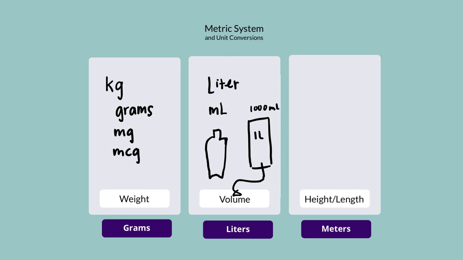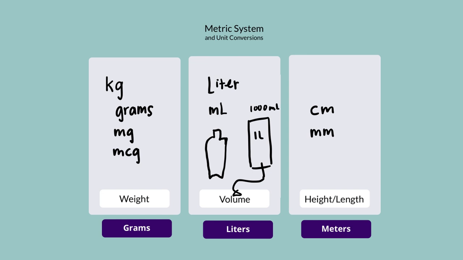All right, moving on to meters. Now, I've never used meters in my nursing experience. I've used kilometers in running because that's quite a far distance. I've never used meters to describe someone's height, but I have used centimeters to describe someone's height. I've also used centimeters to describe wounds, or you may have used millimeters, which are even smaller.